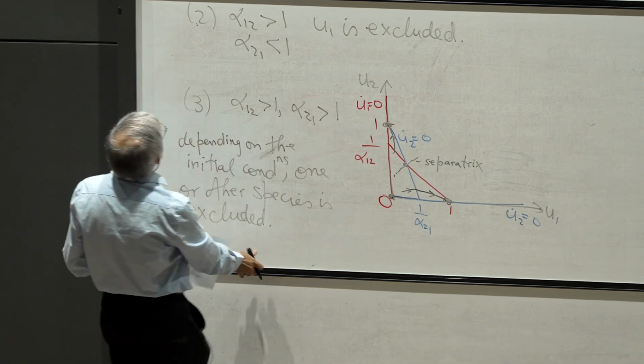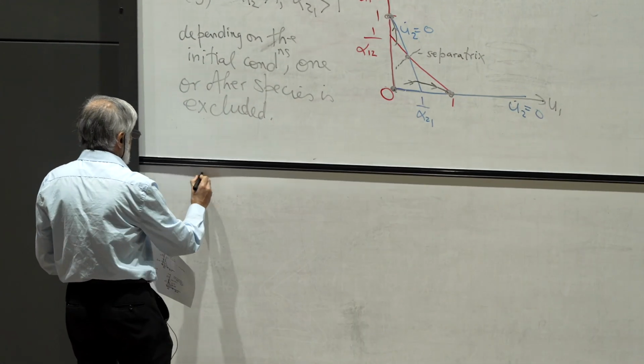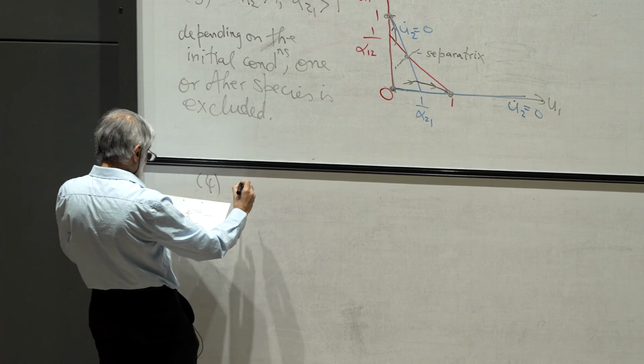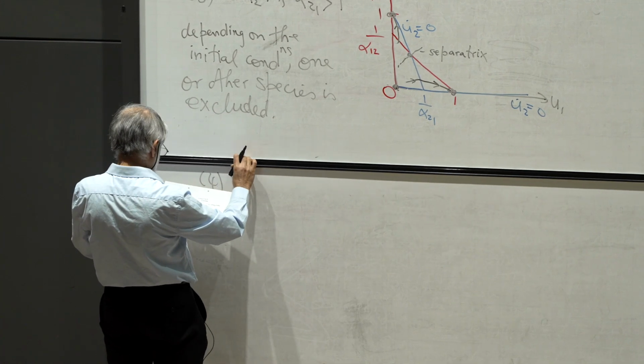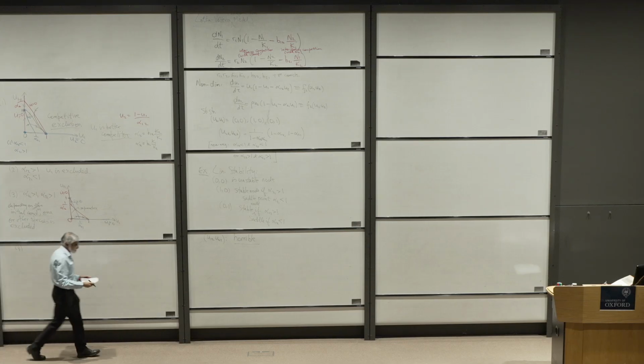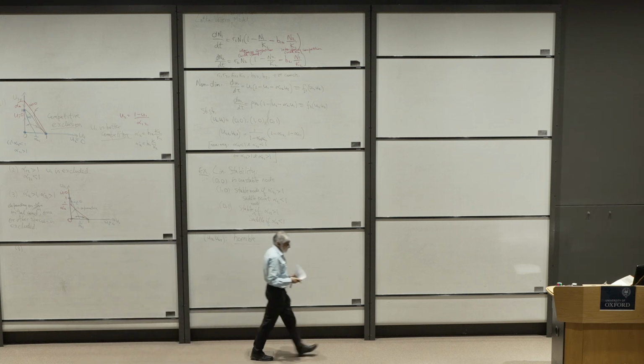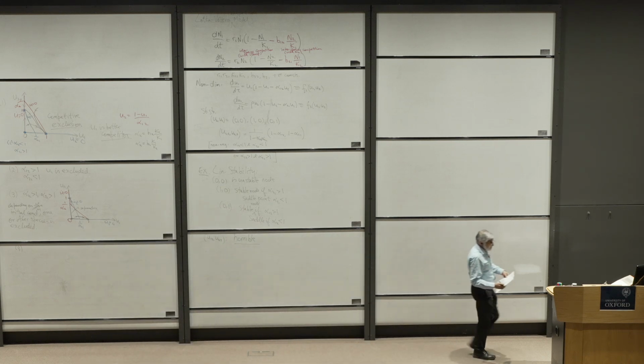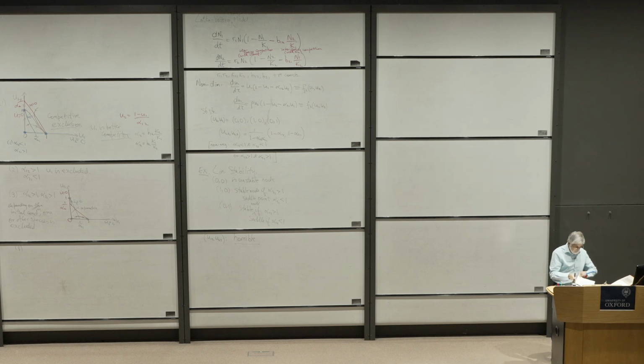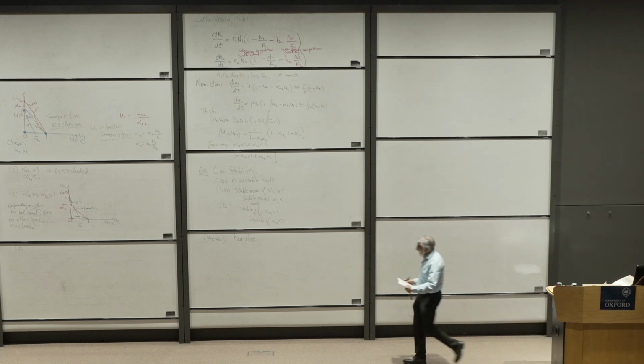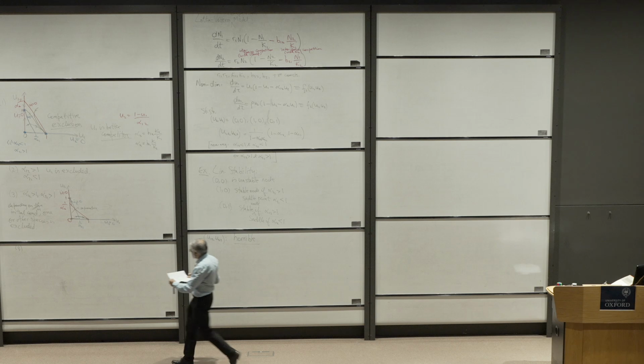Final case, case 4, will be both less than 1. And what that means is that intersection.